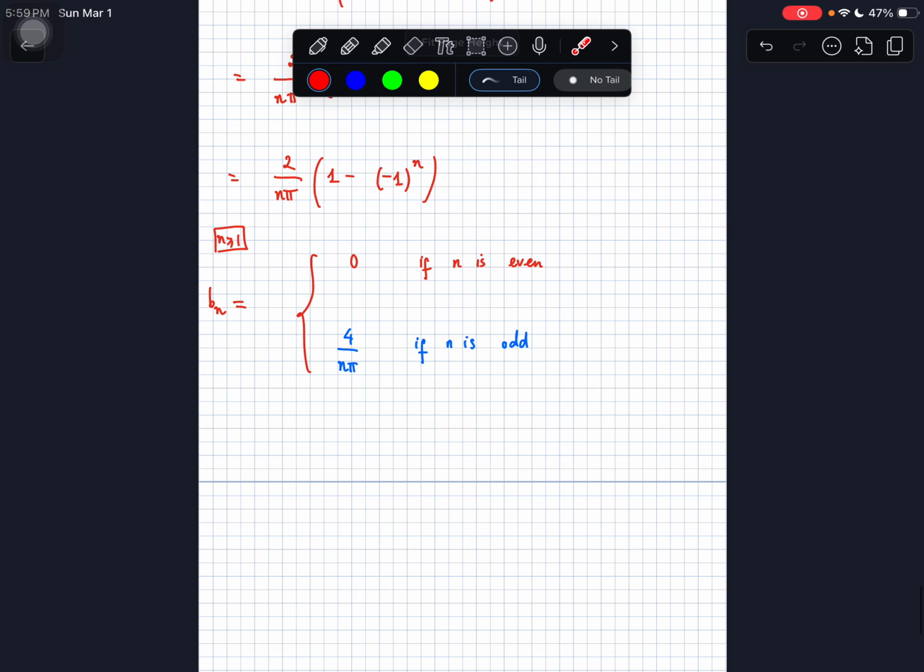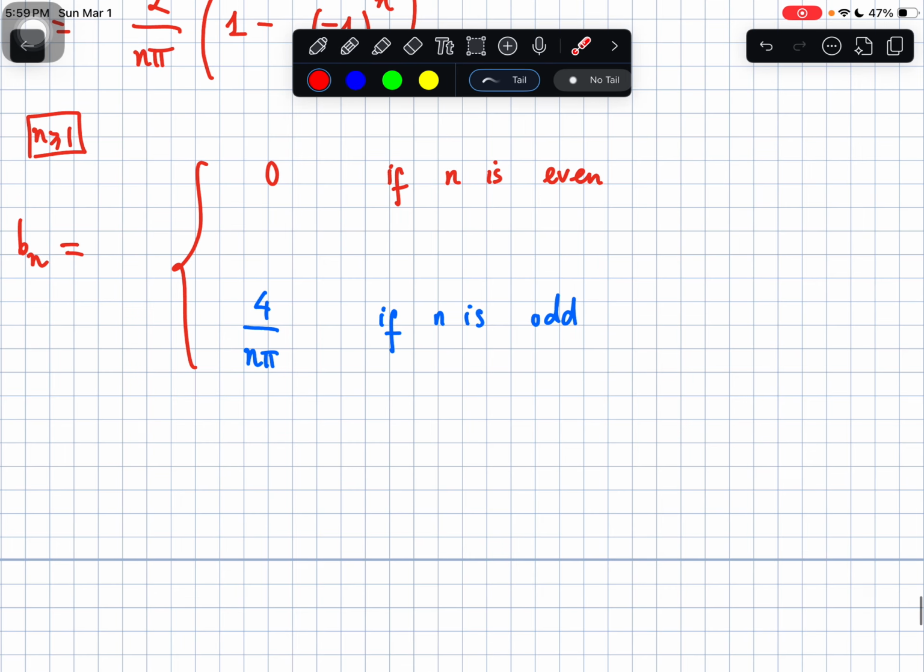Now you get all the coefficients. You can write down the formula, the Fourier series of the square wave function.